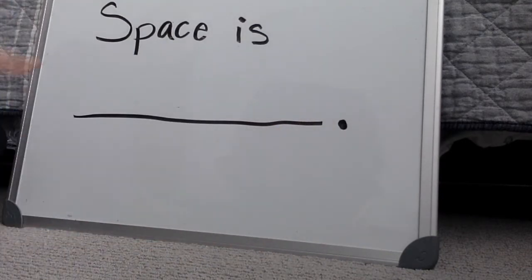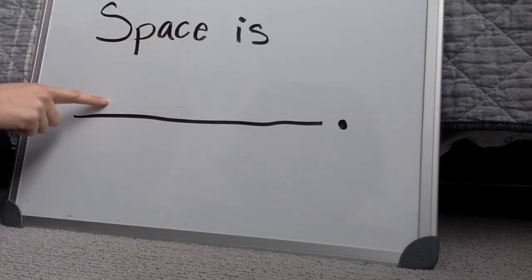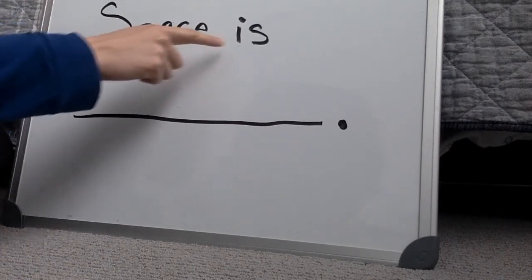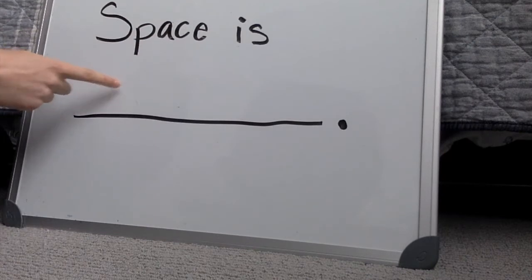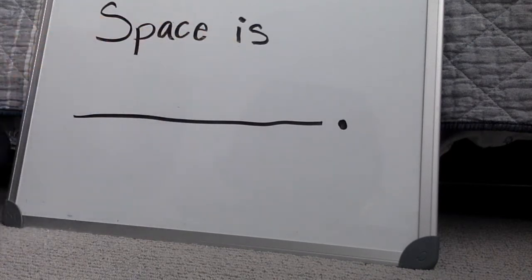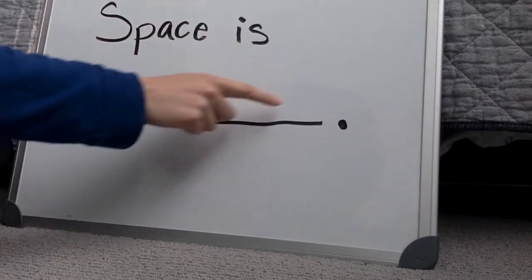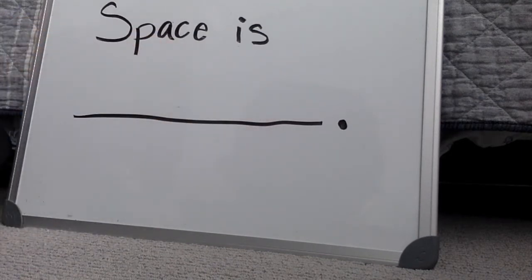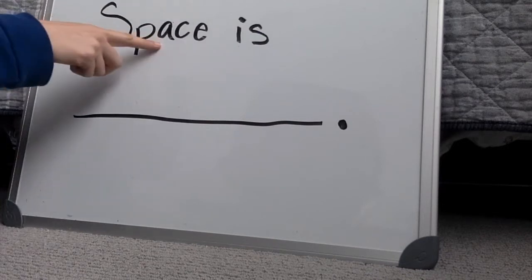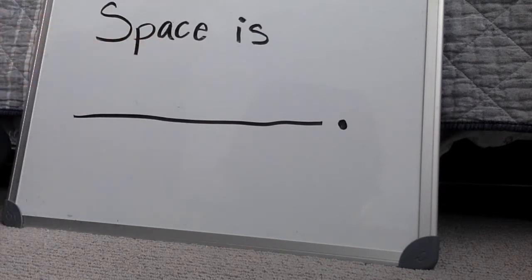So you could write space is dark. Space is big. Space is full of stars. So you can challenge yourself and write as many words to describe space as you would like. I'm going to give you an example.